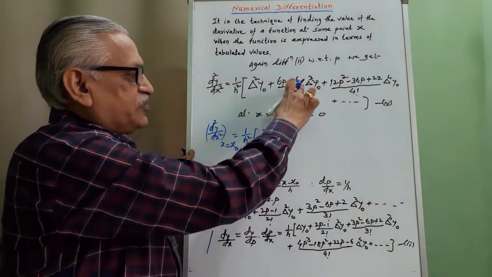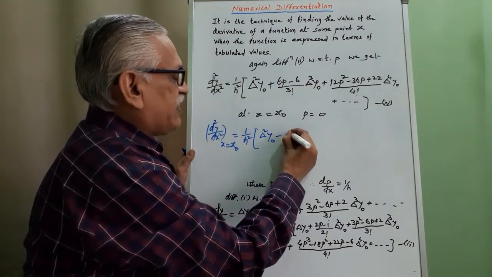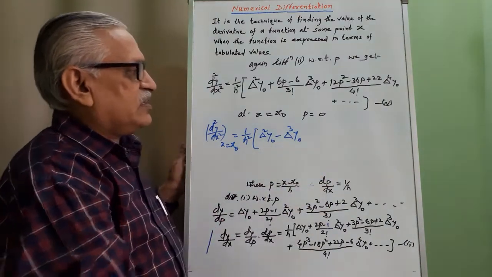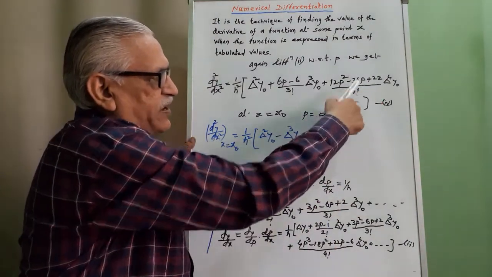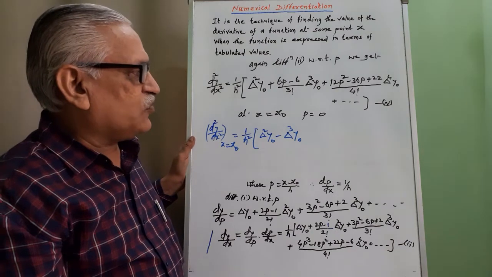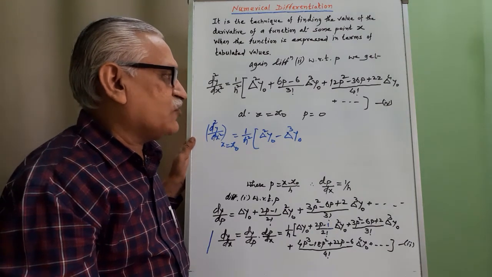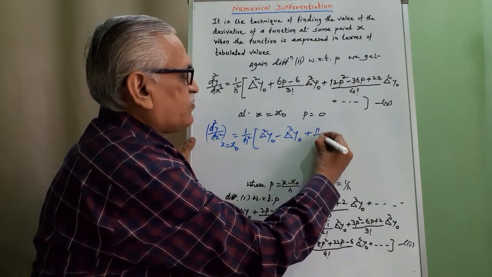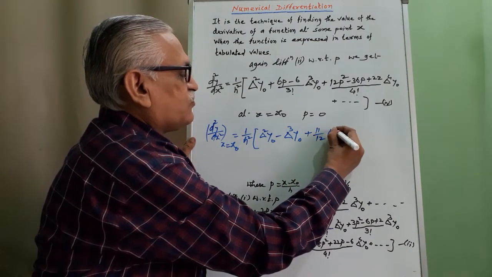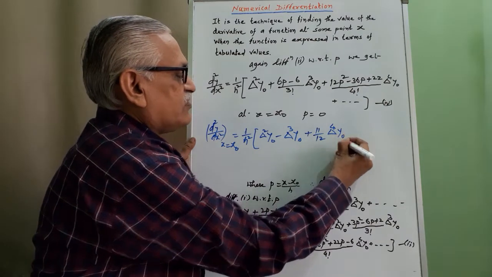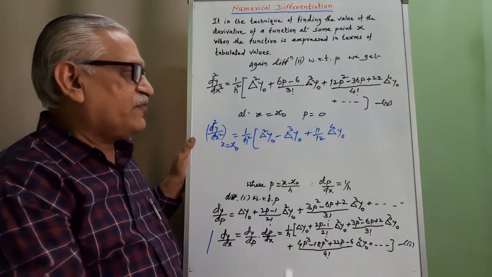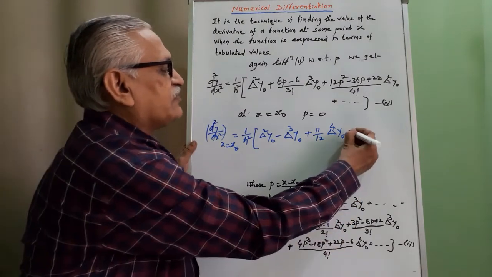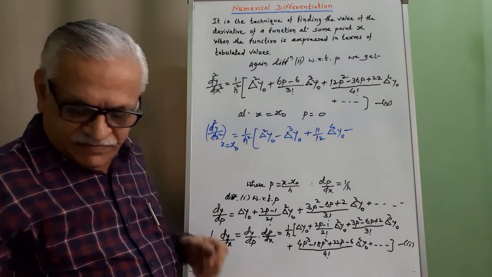p is 0, therefore 6 by 6 gets cancelled, we get minus del cube y0, then 0, 0, 22 by 24, we get 11 by 12 del raised to 4 y0, and if you try to find the next term, we get terms alternately positive and negative.